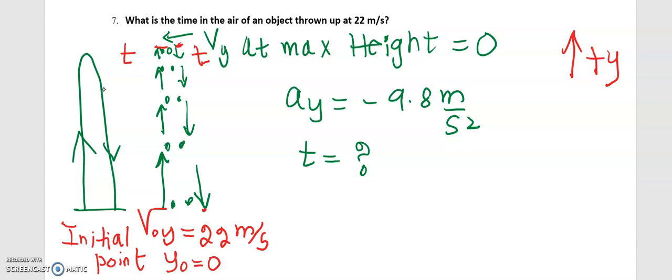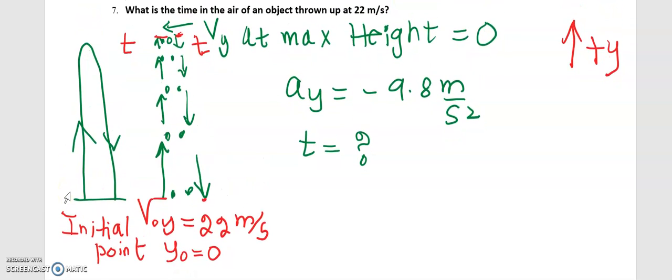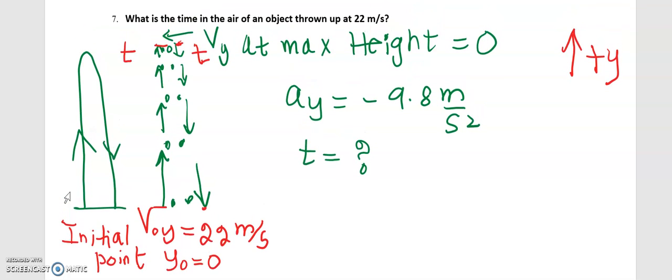And then final point, Vy. This is the final point. I know the velocity is 0, and I also know that the time is t and acceleration is negative 9.8. So let's use the first equation and see whether I can solve for the time taken to reach the max height. Vy is equal to v0y plus acceleration times time.